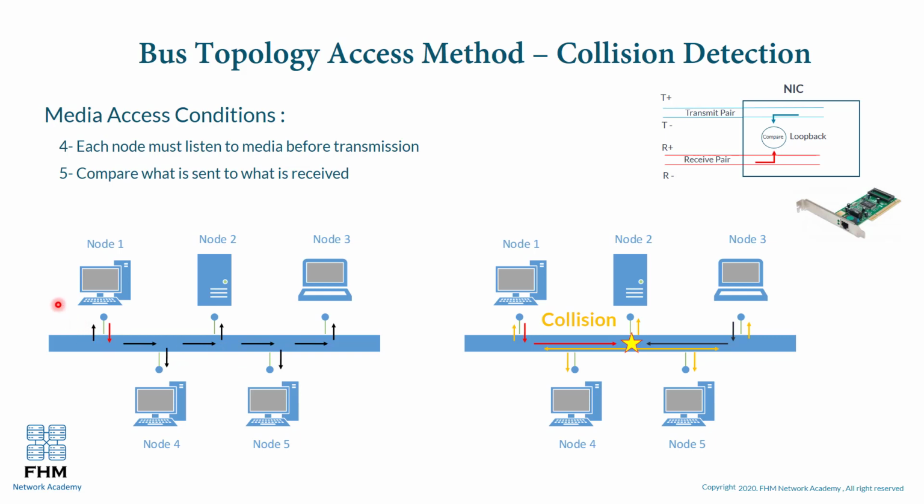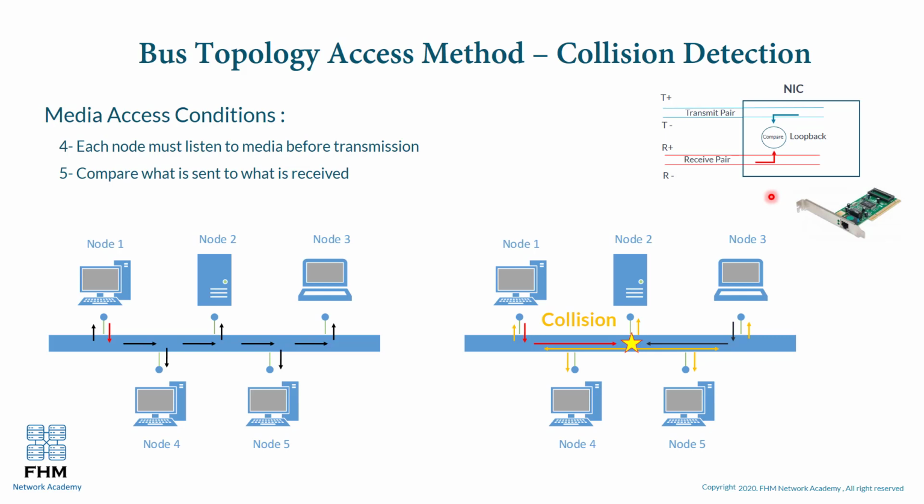They have a part in their network interface card which is called loopback, and it helps the NIC compare the signal that is sent to the signal that is received. If the signal that is sent is equal to the signal that is received, it means the node sending the signal to the media is the only node that is sending and no collision happens.